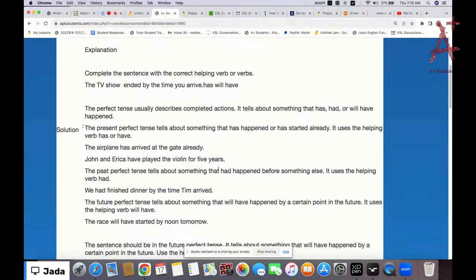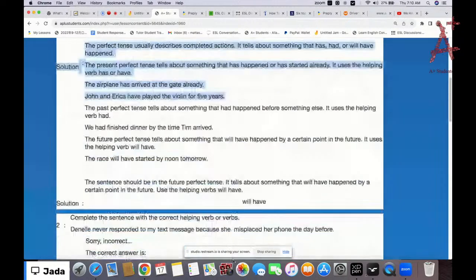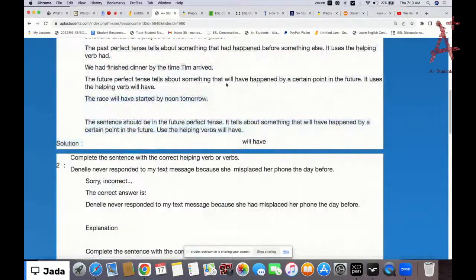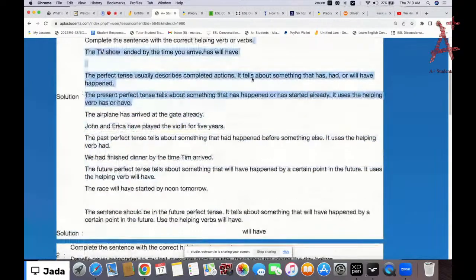Okay, so that's it about the tenses, but let's go over it again so that you take notes and then you remember what I just said. So first off, we talk about the perfect tenses. Perfect tenses usually describe completed actions. So something that has happened already, that is what the perfect tense is gonna describe.